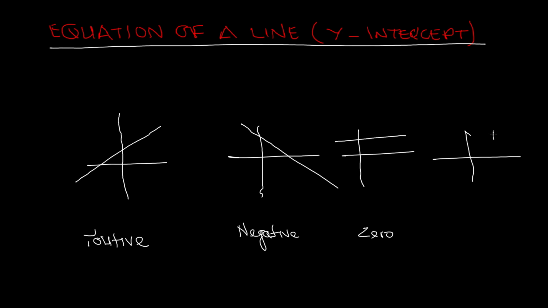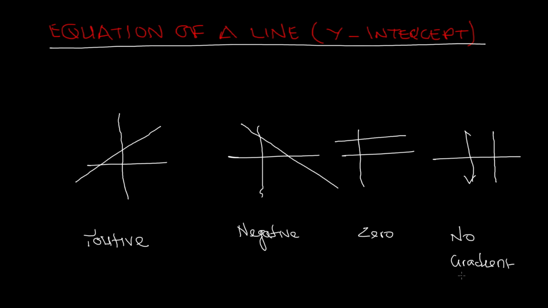And then when the line is vertical, following the y-axis, then we say that the gradient doesn't exist. It's non-existent. So there's no gradient here. Now why am I talking about this?